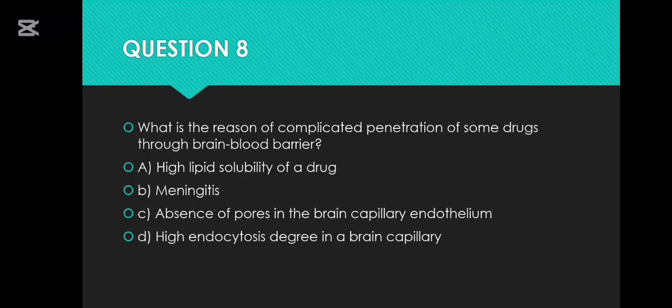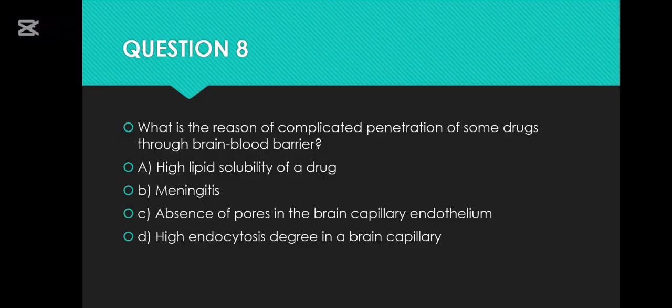Question 8 is saying, what is the reason for complicated penetration of drugs through the blood-brain barrier? The blood-brain barrier, this one I told you, is made up of continuous capillaries, and any drug that is water-loving, hydrophilic, cannot move easily. They need to use a transporter.